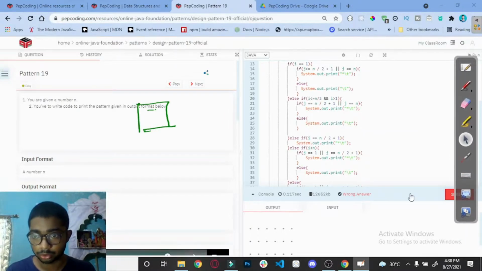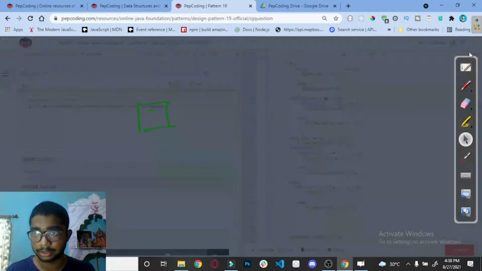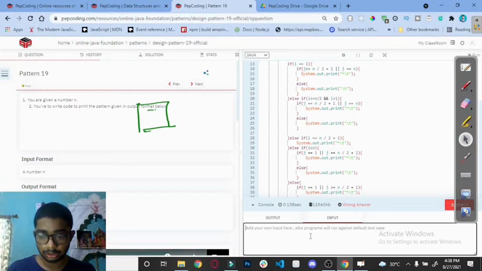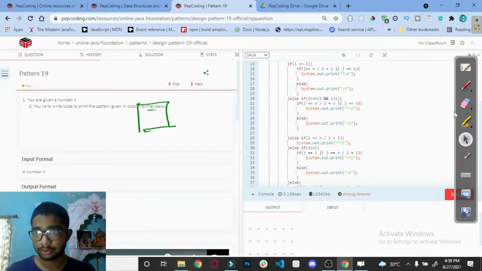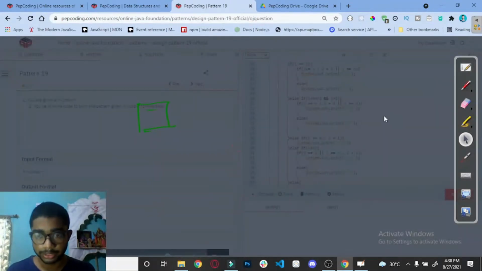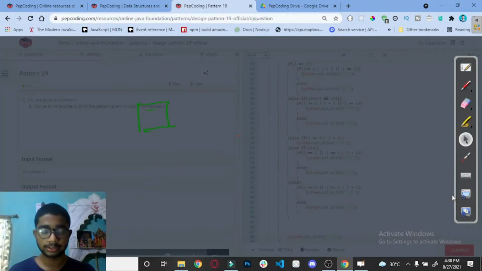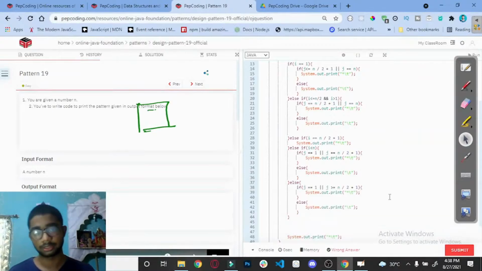I did all the things right, but I don't know why it's giving the wrong answer. Give the input of 5. Now see what we will get. What is this? It's printing so many stars. Try to submit it and see. Okay, so let's see what we did wrong.